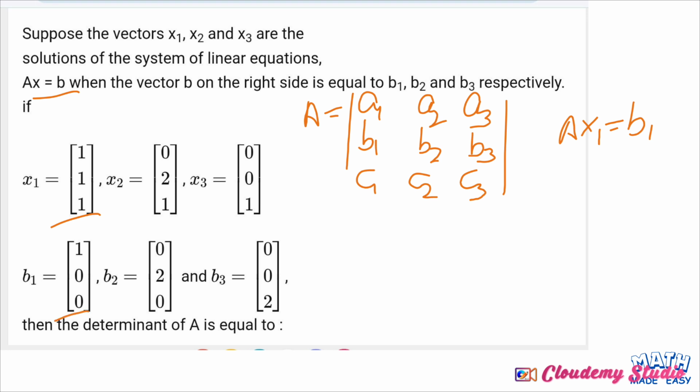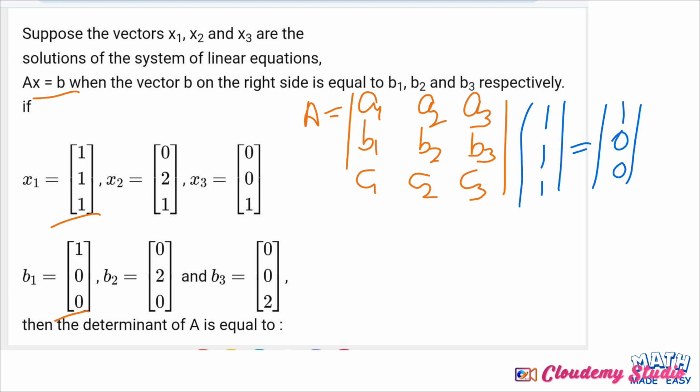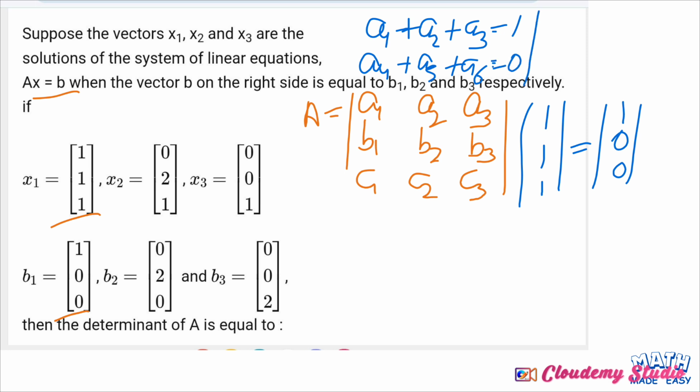Let me write x1 as 1 1 1 and b1 as 1 0 0. So from here I'll get the equations a1 plus a2 plus a3 is 1, a4 plus a5 plus a6 is 0, and a7 plus a8 plus a9 equals 0.